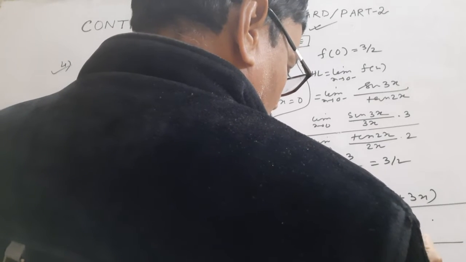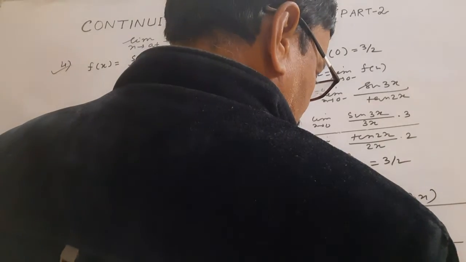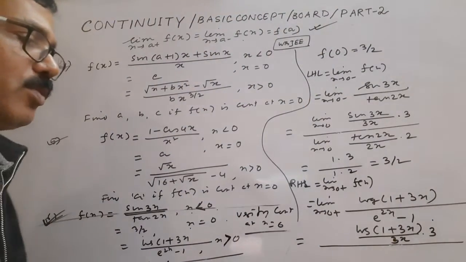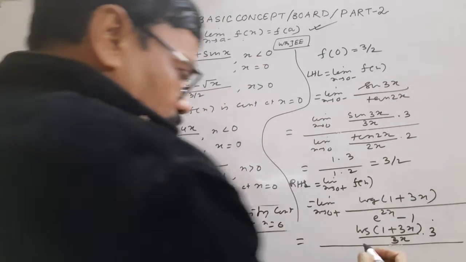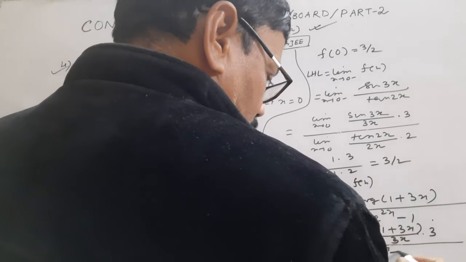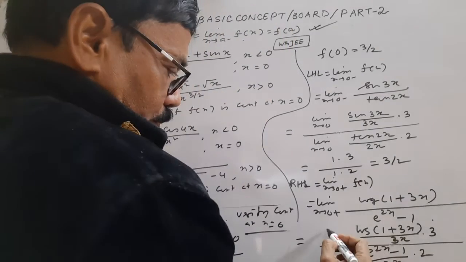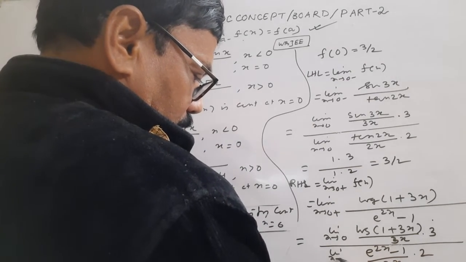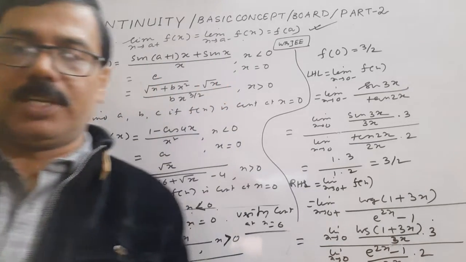So log(1 plus 3x) by 3x is 1, so make it balance by 3. And (e to the power 2x minus 1) by 2x, so make it balance by 2. So by the fundamental limit theorem, limit of numerator, limit of denominator.